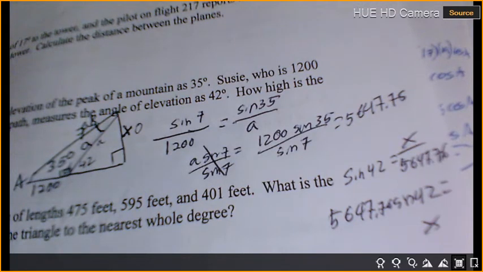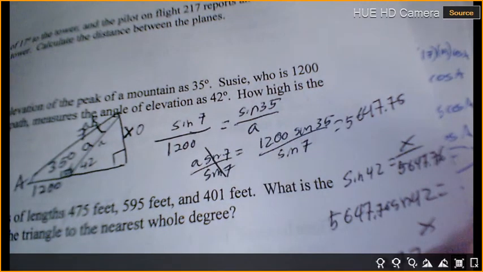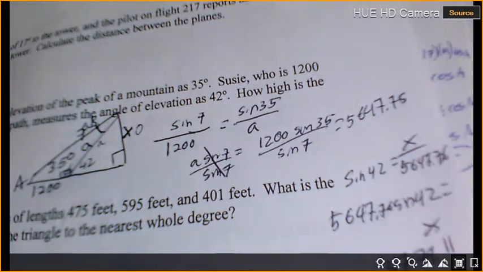So x equals around 3,779.11 feet. Right? Is that what you guys got?